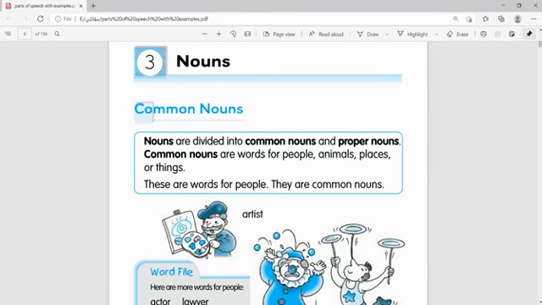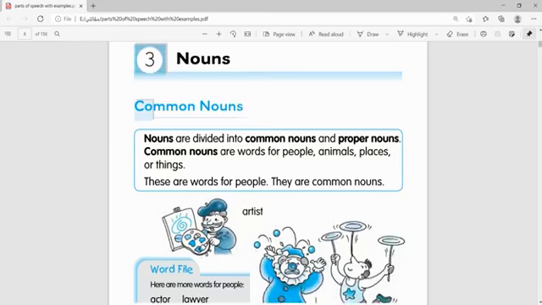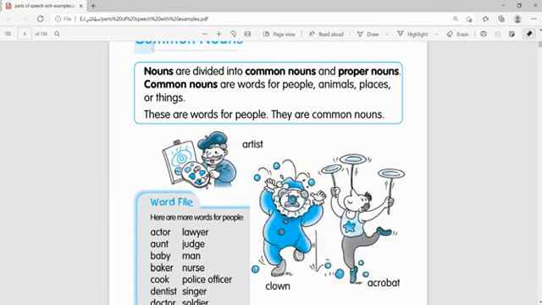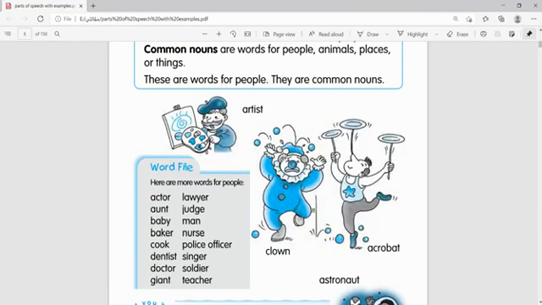Common nouns are words that are used for people, animals, places, or things. These are for people: actor, lawyer, artist, man, nurse, judge, policeman, astronaut, clown.